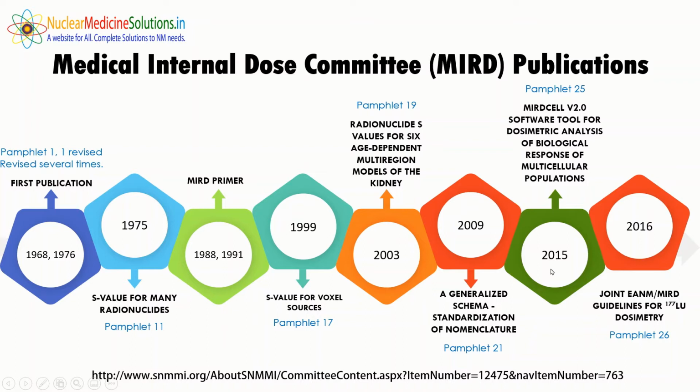In 2015, they published pamphlet 25, which was MIRD Cell version 2.0, a software tool for dosimetric analysis of biological response of multicellular populations. And the last publication came in 2016, which was Joint EANM MIRD Guidelines for Lutetium-177 Dosimetry, and that publication was pamphlet 26.